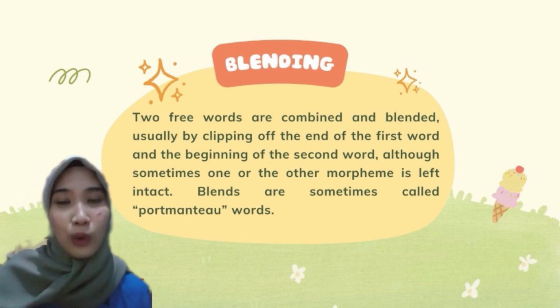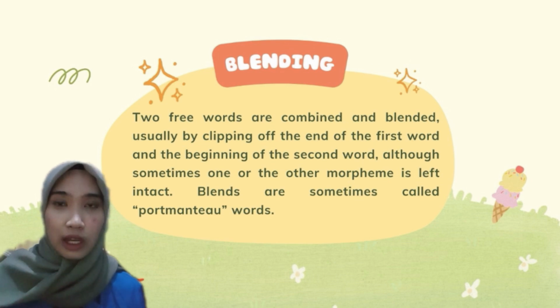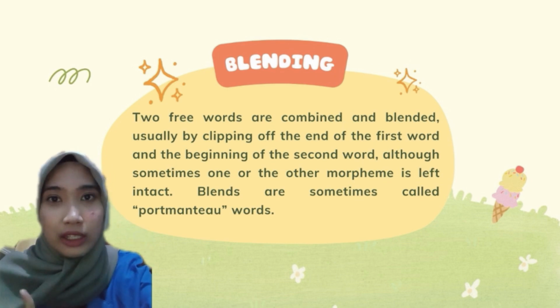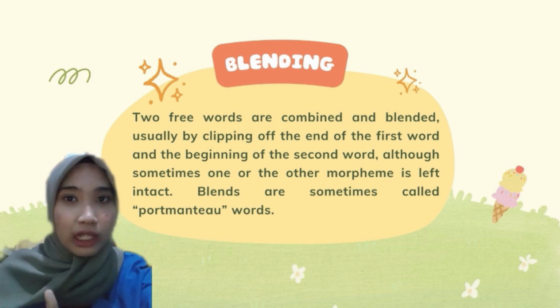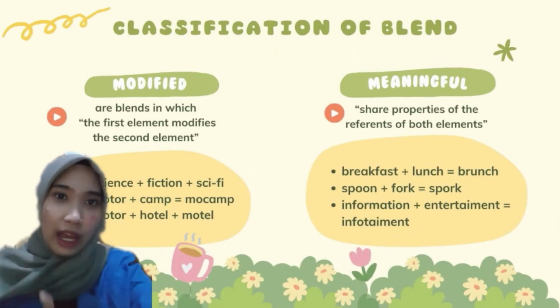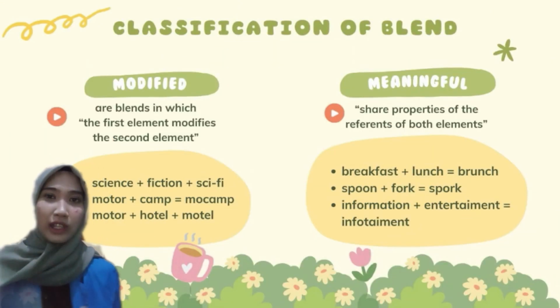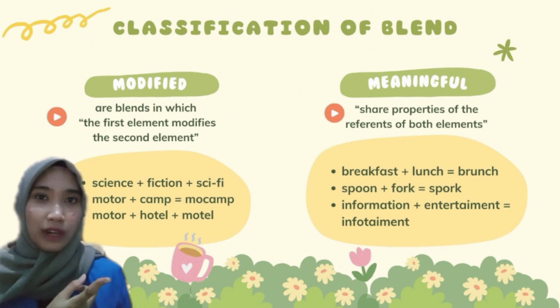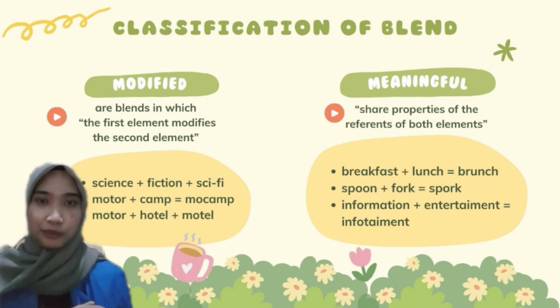Now we move to the slide of the classification of blending. There are 6 classifications of blending. This is the classification of blends. The first one is modified and meaningful.